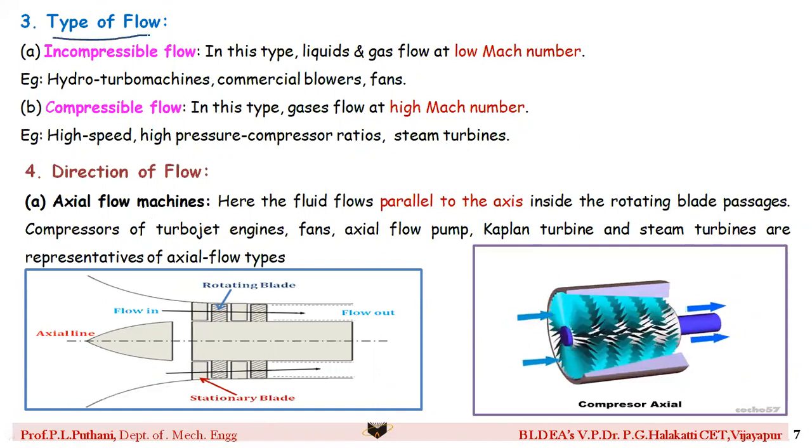Already in our fluid mechanics, we have studied that we make some assumptions, that some fluids are incompressible or compressible. So in the type of flow, we have two criteria: one is incompressible flow, another is compressible flow.